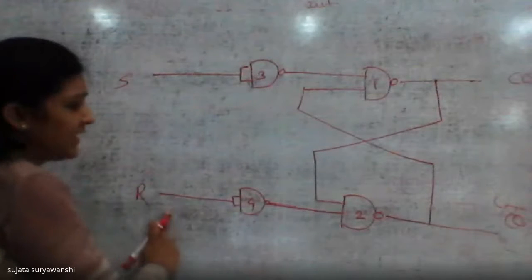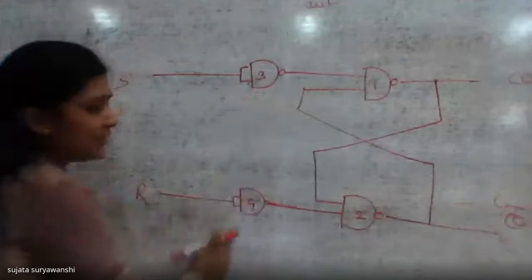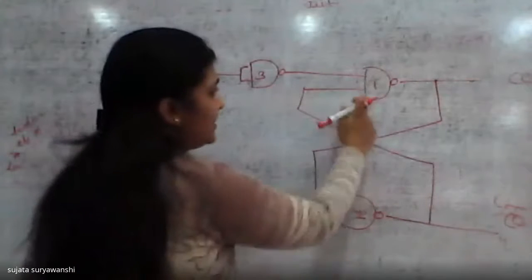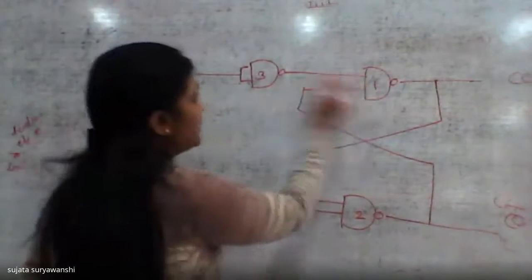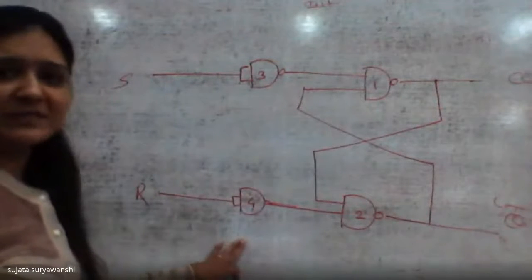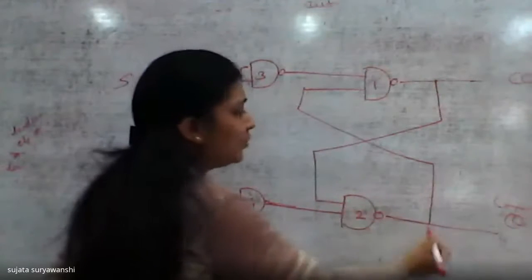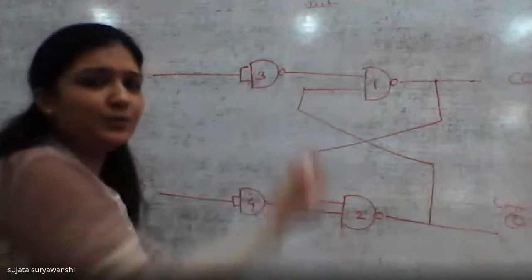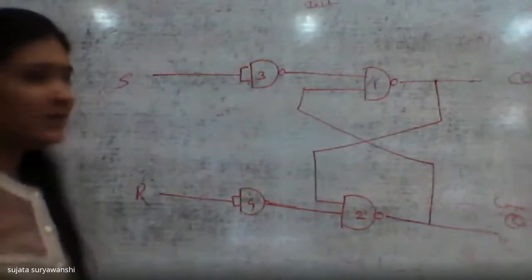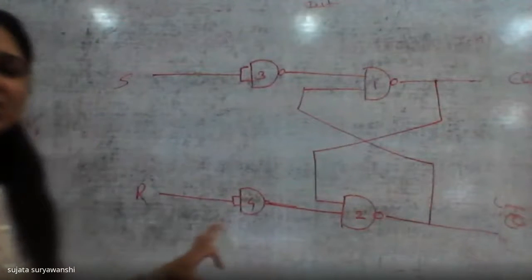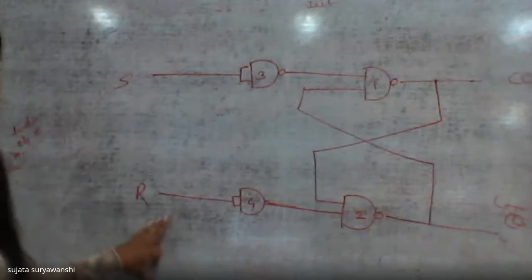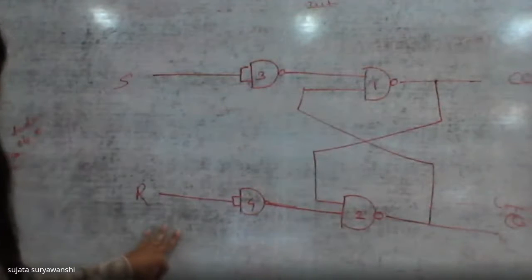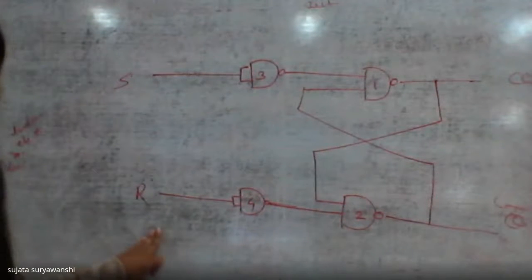Inputs are S and R. We use single input NAND gates here, and NAND gates 1 and 2 have two inputs: one is the output of the previous NAND gate 3 or 4, and the second is the output of the first and second NAND gate respectively. This is also a cross-coupled circuit, but here we can store data with the S and R inputs. This is the circuit which overcomes the drawback of the previous cross-coupled circuit. Understood?